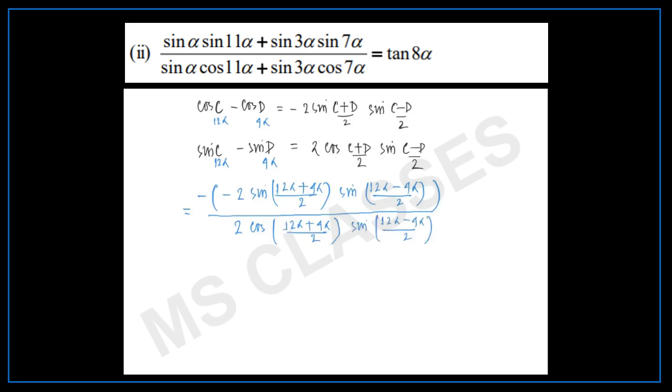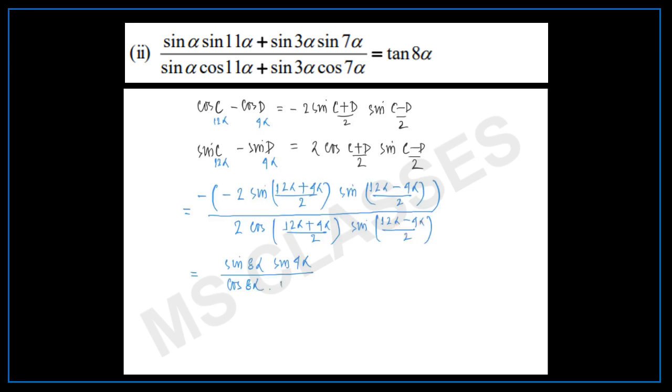On simplification, 2 cancels out, minus into minus is plus. Now sin of 16 alpha by 2, that is 8 alpha, into sin of 8 alpha by 2, 4 alpha, divided by cos 8 alpha, where 12 alpha plus 4 alpha by 2 is 8 alpha, into sin of 8 alpha by 2, 4 alpha.